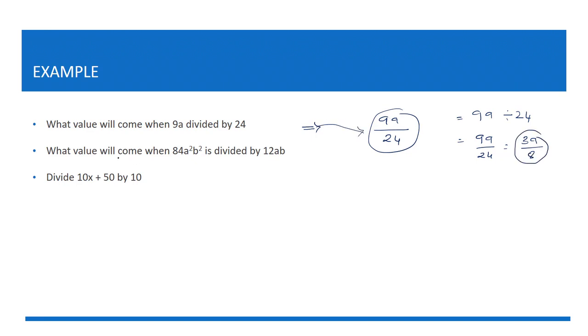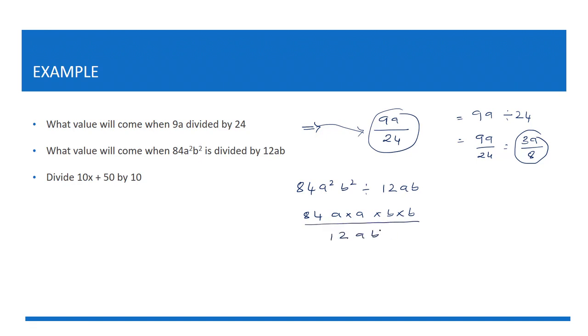Let us take what value will come when 84a square b square is divided by 12ab. Let us check this out. I can write it like this: 84 a square into b square divided by 12ab.